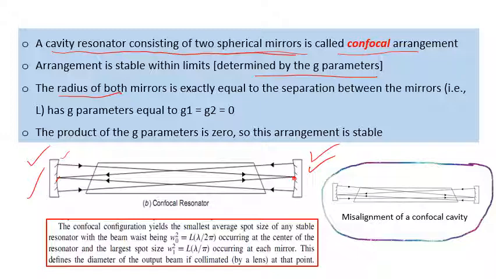If we calculate, G1 and G2 are equal to 0, which means it has a margin. If you misalign, it will still stay stable. So it's not that difficult to align, and even if it is misaligned a bit, it will still work and be stable.